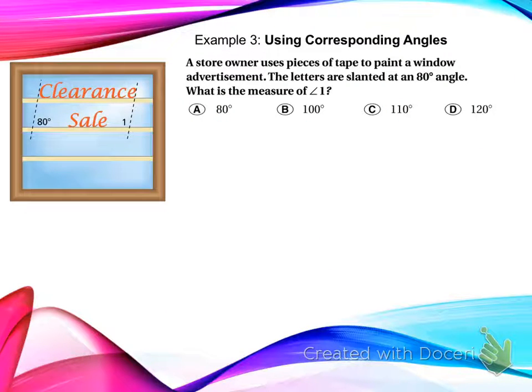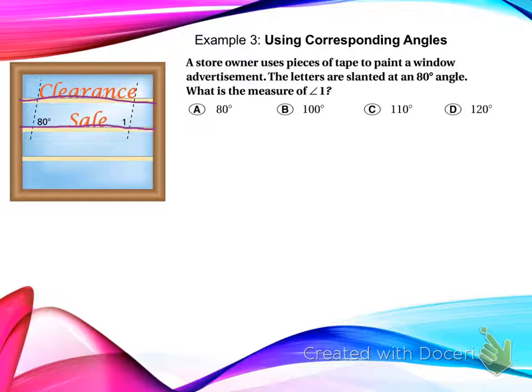So let's look at another example here. In example 3, we're using corresponding angles. A store owner uses pieces of tape to paint a window advertisement. The letters are slanted at an 80-degree angle. So what is the measure of angle 1? If you notice, you could see here that these tapes are actually parallel lines.